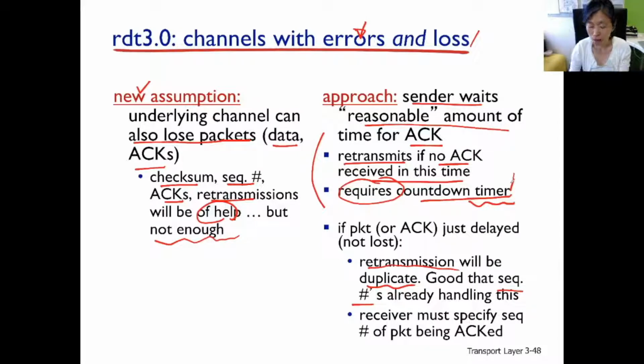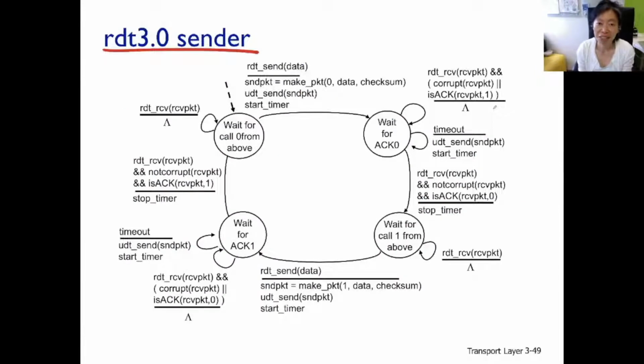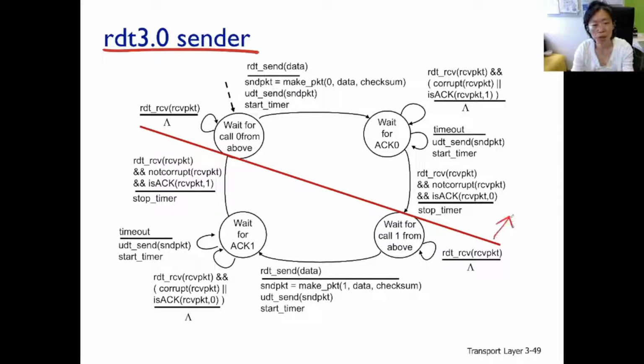All right, so sequence number is necessary again in RDT 3.0. The receiver needs to specify the sequence numbers for the ACKs, just like the data side needs to specify the sequence numbers for the data packets. And this is the RDT 3.0 sender. Well, the usual technique, let me draw a line. So we just focus on one side of it, and you'll see that the other side is similar. So what do we have here?